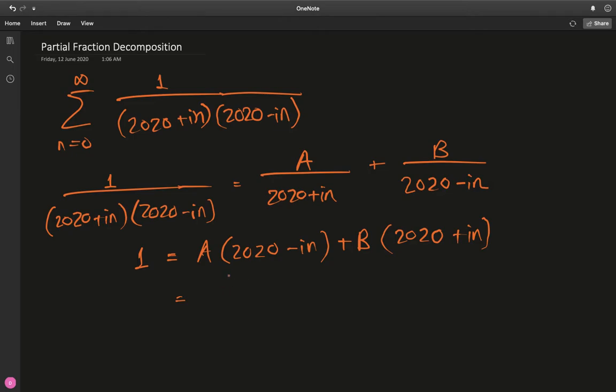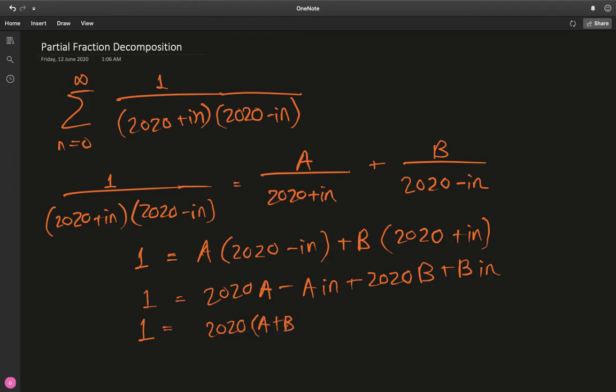So this can be expressed as 2020a minus ain plus 2020b plus bin, all equal to 1. So notice that the only constants that we have are the 2020a and 2020b terms. So 2020 times (a plus b) is basically the only constant we have.